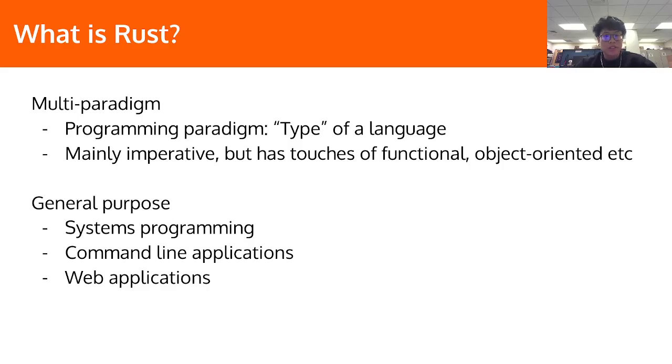These are general systems programming tasks, and Rust is very well suited for things like this. However, the misconception is that Rust can only be used for systems programming, and that is not true. Rust can also be used as a general purpose language. It can be used to make other command line applications or other just applications in general. It can be used to make websites, web servers, and things like that. And students in the past have done this for their final project.